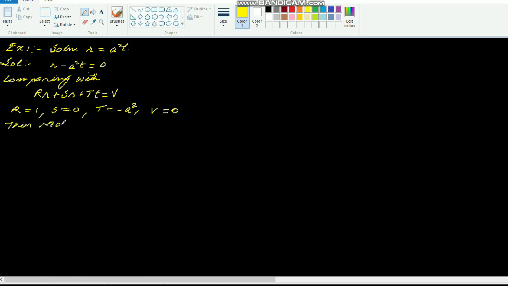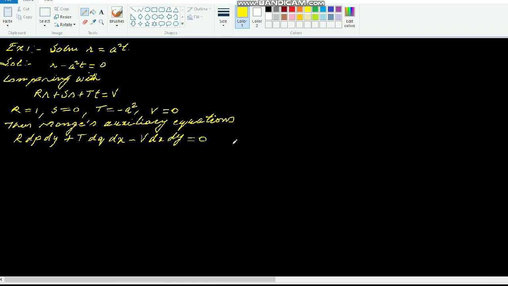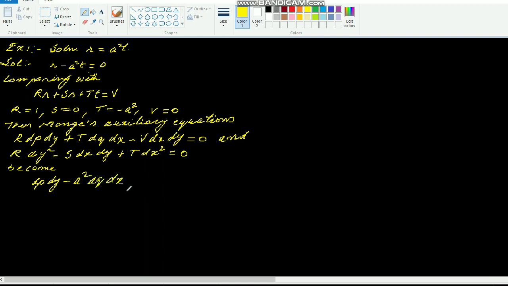Thus Monge's auxiliary equations, that is R dp dy minus S dp dx plus T dq dx minus V dx dy is equal to 0, and R dy square minus S dx dy plus T dx square is equal to 0, become dp dy minus a square dq dx is equal to 0.